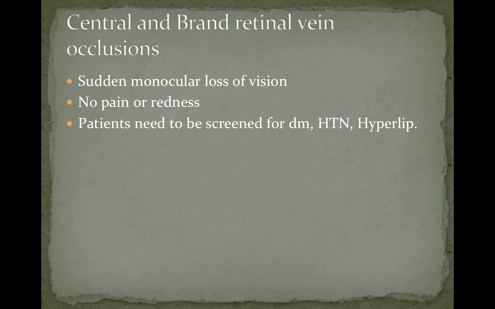Central and branch retinal vein occlusions cause a sudden monocular loss of vision in one eye. They have no pain or redness, and usually patients who have hypertension, hyperlipidemia, or diabetes are more prone to these types of conditions. Typically it's a sudden loss of vision. They'll say that they have no visual field and no sight coming from their eye.